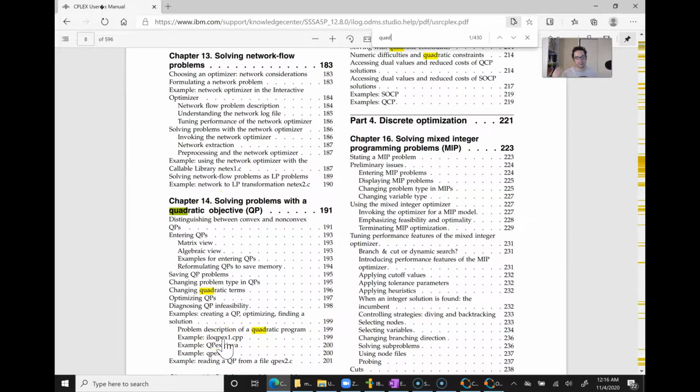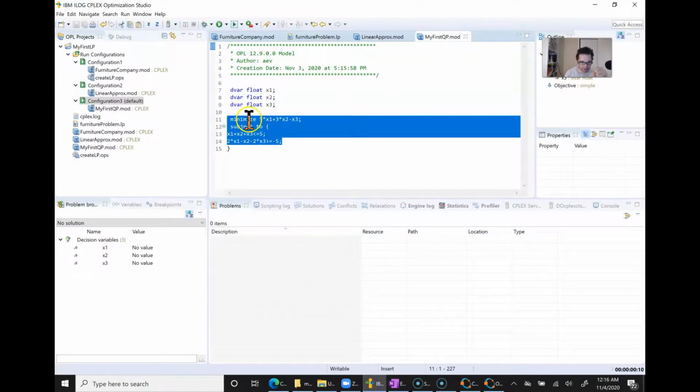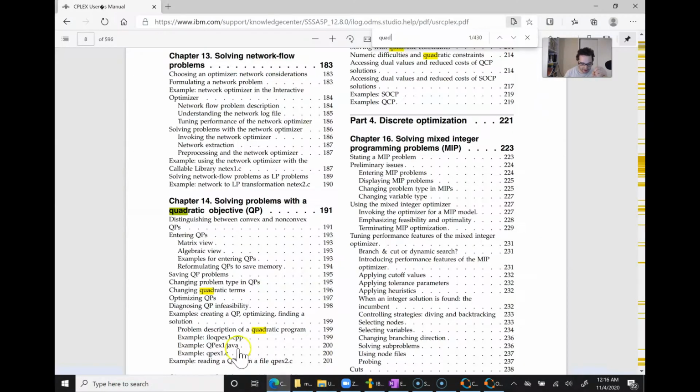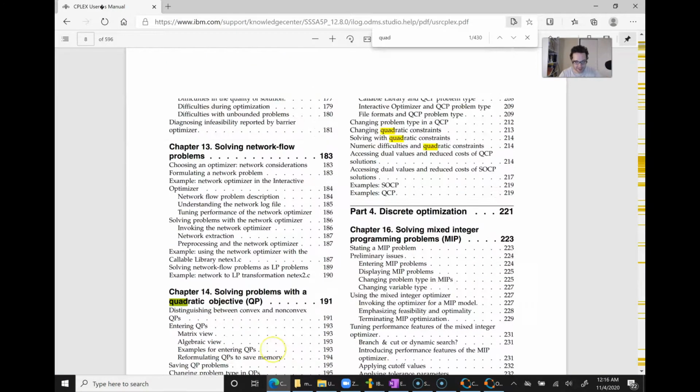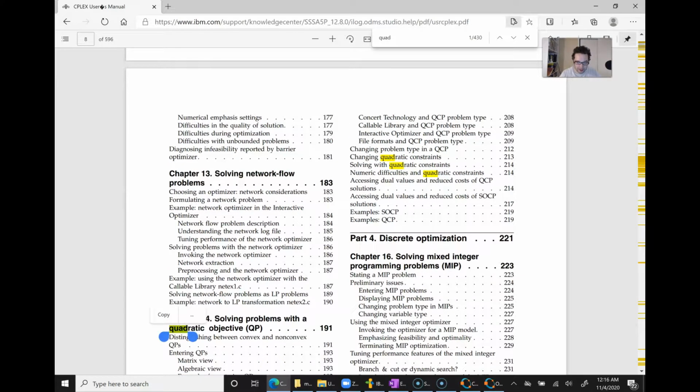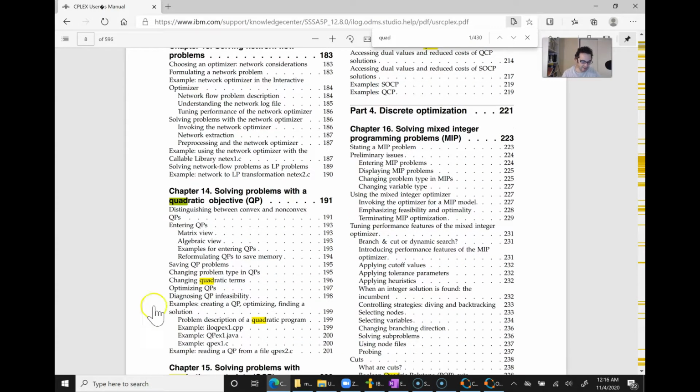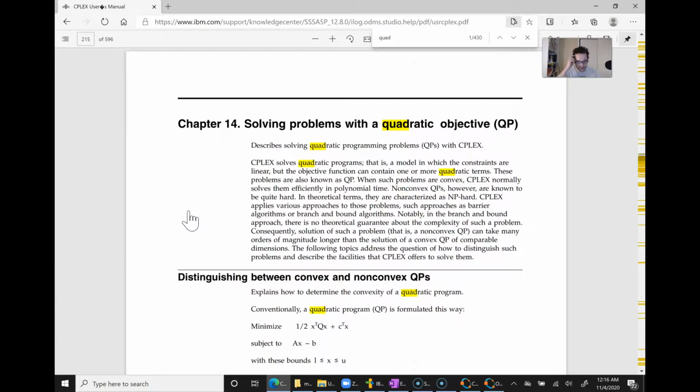And the reason for that is it tells you how to program using the interactive optimizer, the Optimization Studio, but it also gives directions on how to do it in C++, Java, C, and it might even have Python, which isn't really helpful if we're trying to do this in the Optimization Studio. It's not clear.